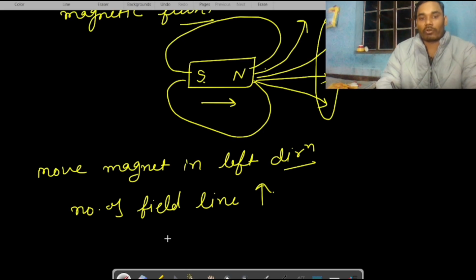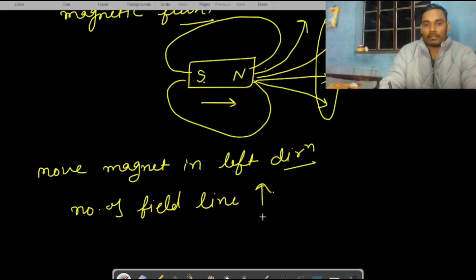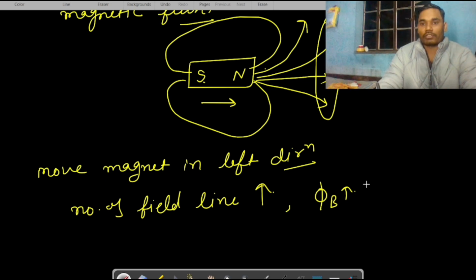So if the number of field lines increases, then the magnetic flux will also increase, because flux is magnetic field into area.